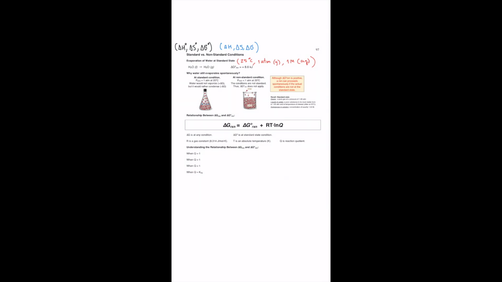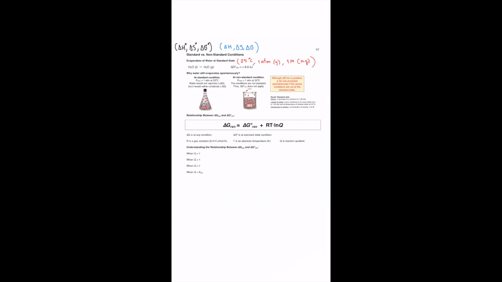You can see that the relationship between the non-standard condition and the standard condition of the free energy is related by this reaction quotient. Therefore, we are going to understand the relationship between these two by looking at the value of the reaction quotient. Let's take a look at the first scenario, when Q, the reaction quotient, is equal to 1.